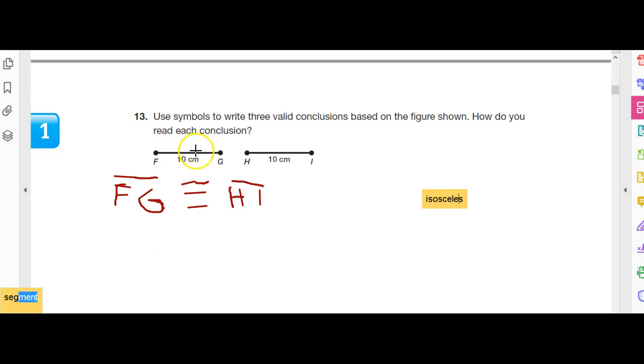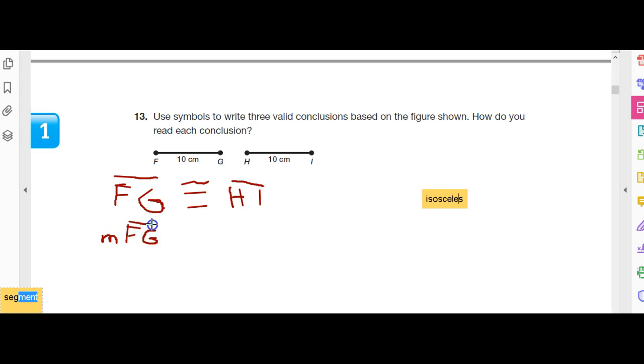I can also make a statement about their property of measure or length. So I would use the little m for segment FG. Thanks for your patience here, guys. Write that out.